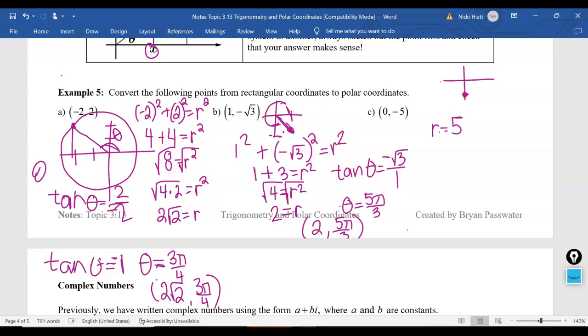And then your angle, we can see pretty clearly, theta is going to be 3 pi over 2. A lot of times if you get these that end up on the x or the y axis, they're a little bit easier to do. So the coordinates here would be 5, 3 pi over 2 for that. Of course we could always do something different with our angles or maybe use a negative value right here, but this would be your most common answer to get.